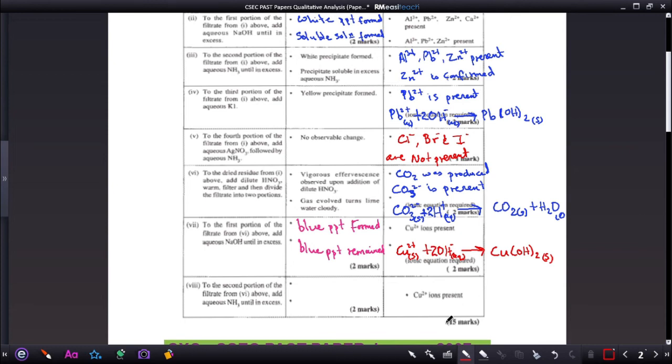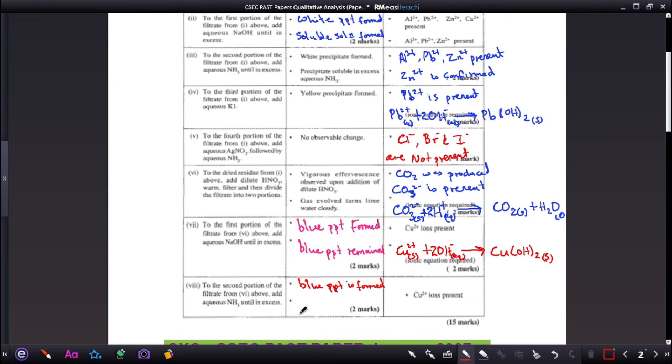Okay, and part 8, to the second portion of the filtrate from the 6 above, add aqueous ammonia until excess. So we know that copper with aqueous ammonia forms a blue PPT. A blue PPT is formed, and in excess ammonia, a dark blue solution would be produced, which is the copper ammonium complex.